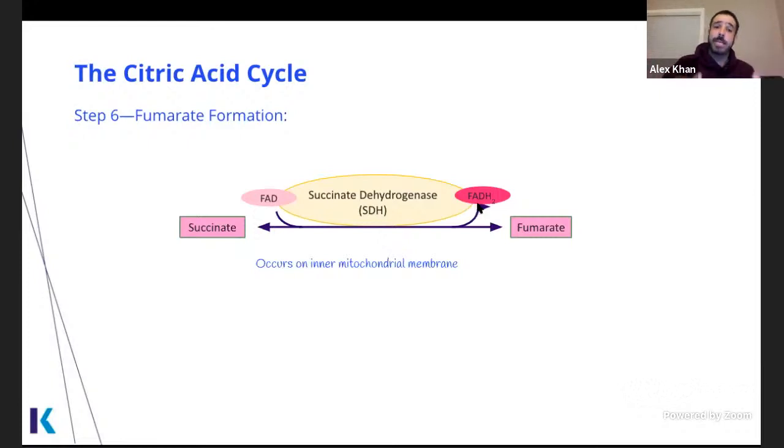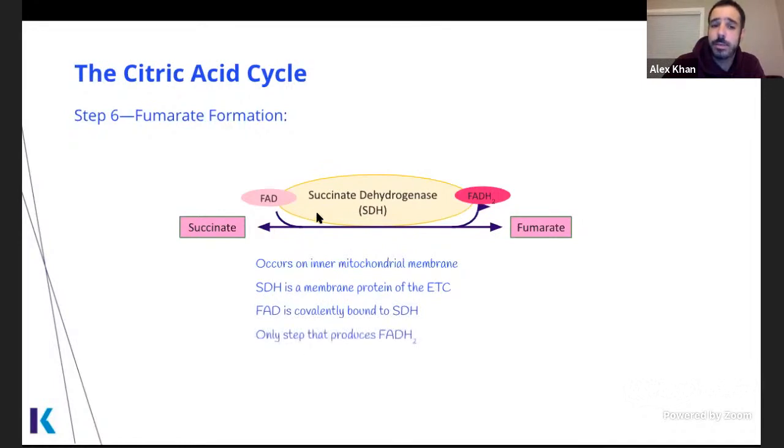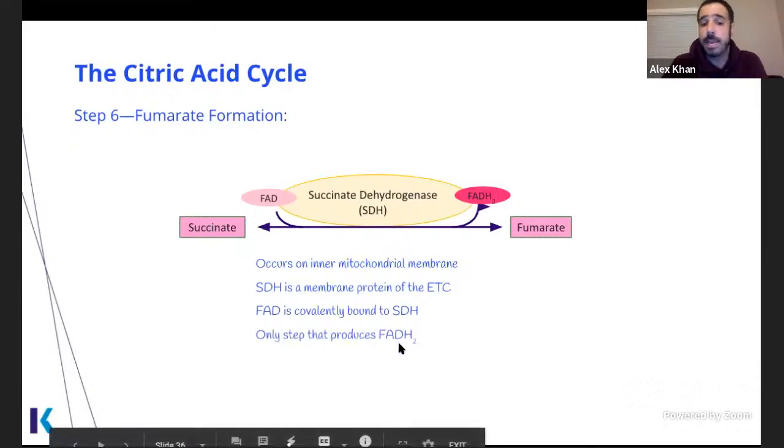Anyways, if you end up trusting Kaplan with your prep, we can learn more about this in the MCAT channel lesson on electron transport chain. Cool. So as I said, membrane protein, part of the electron transport chain itself, and FAD is covalently bound to our succinate dehydrogenase, which makes it a flavoprotein. And it's the only step that produces FADH2.